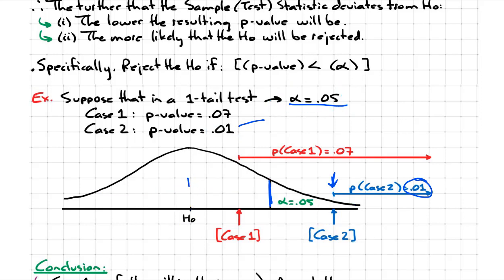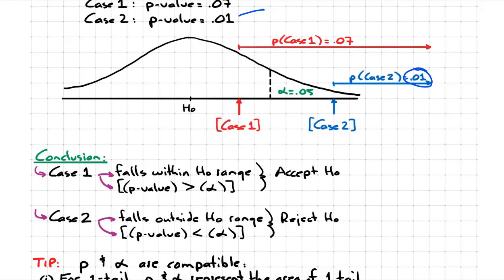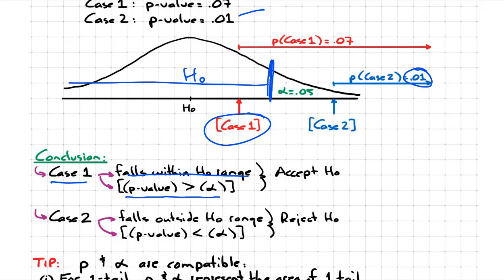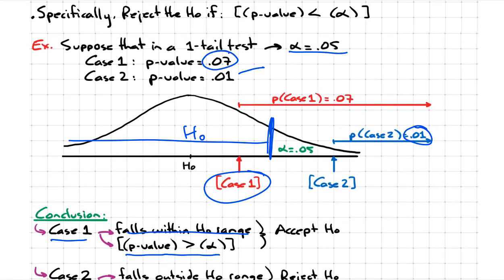So let's formalize our conclusion right here. In case 1, it fell within the null range. See that? It's within the null range. And remember we said this is a goalpost, so everything here is null range. But what can you observe about case 1? The p-value was greater than the level of significance, right? In case 1, it was 0.07.